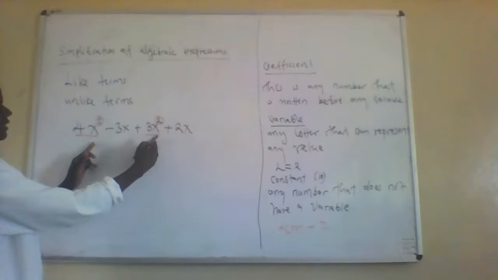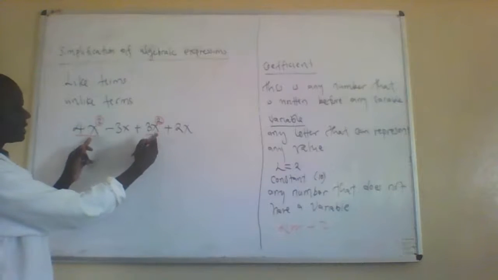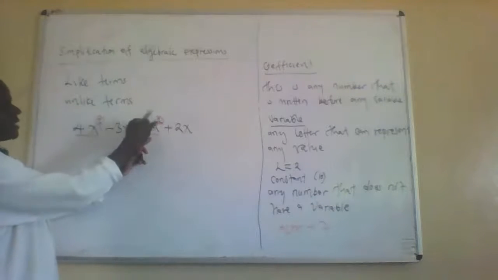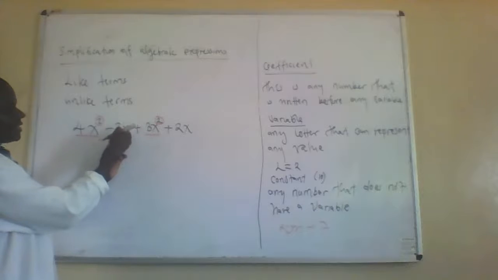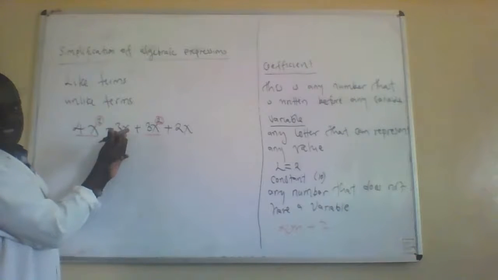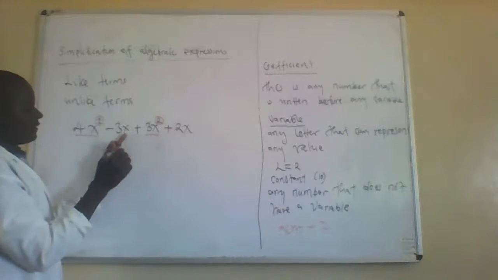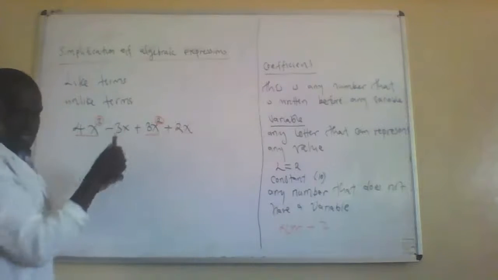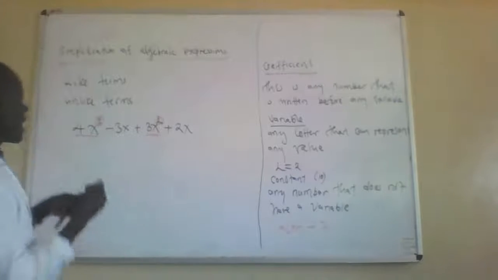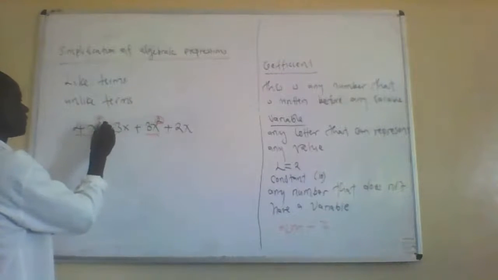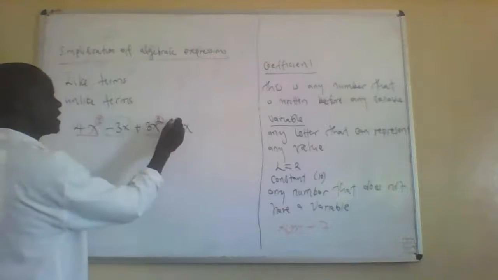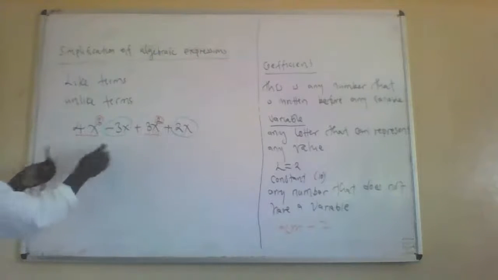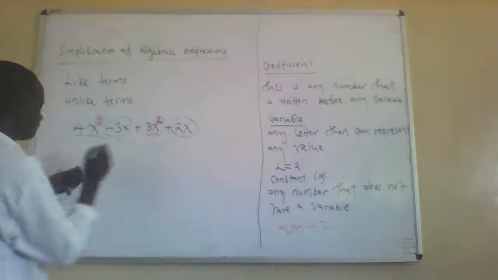So these have the same variable, which is x, and the powers are the same. But look here, this 3x has the power which is 1, an invisible 1 right over there. Even this 2x has an invisible power of 1. So these also are like terms. So the negative 3x and the positive 2x also are like terms.